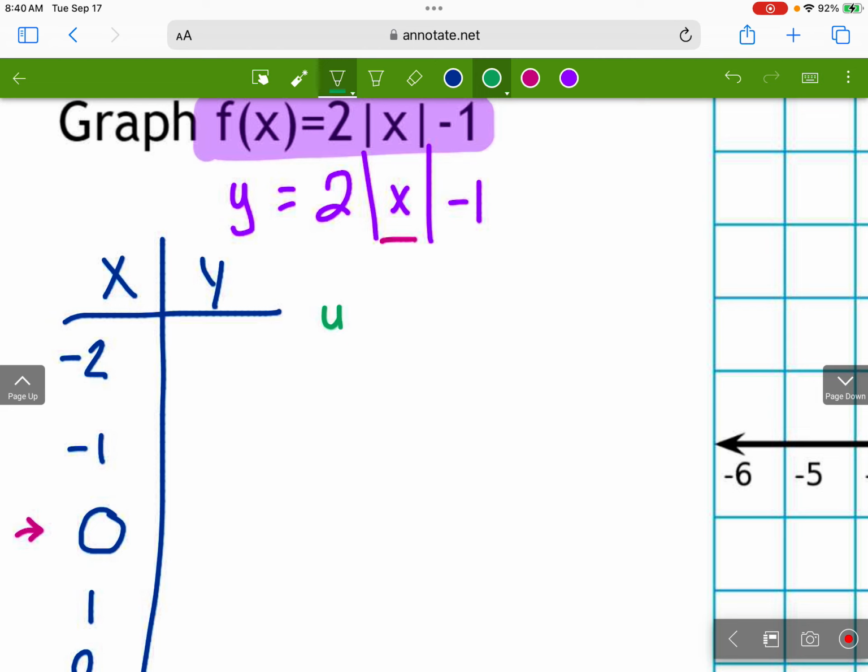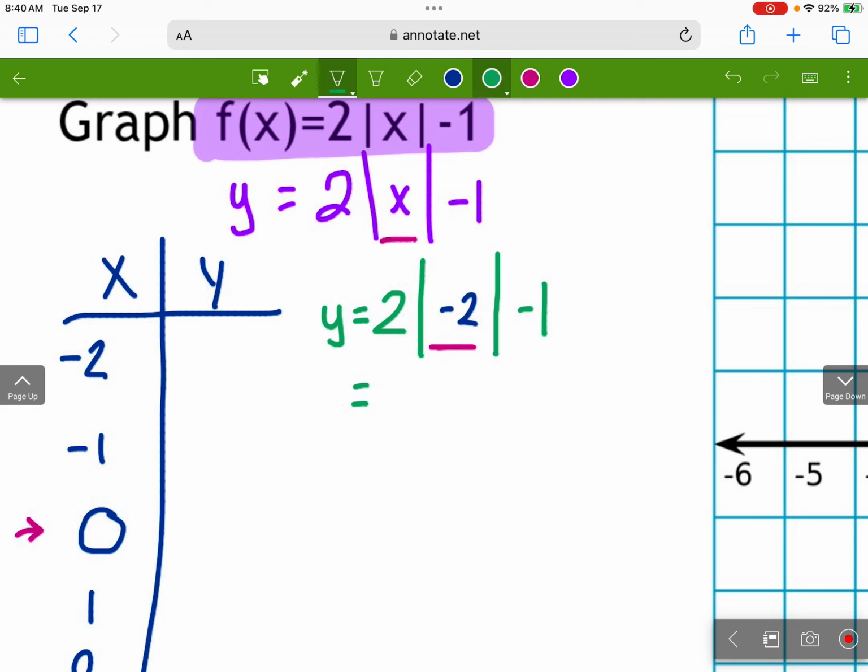So we're going to have y equals 2 times the absolute value, and I'm going to substitute in my x here, -2, minus 1. Careful, careful, careful. We need to do our absolute value first. Order of operations, we do this absolute value first. It works like parentheses.